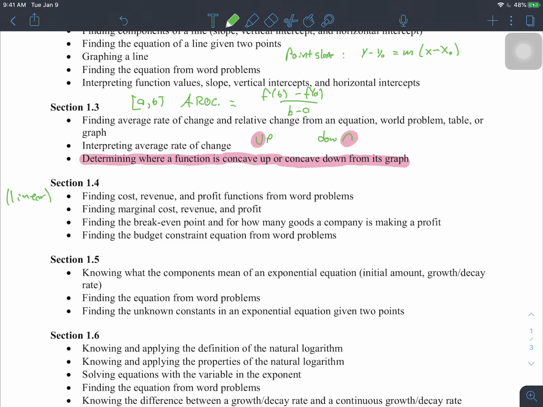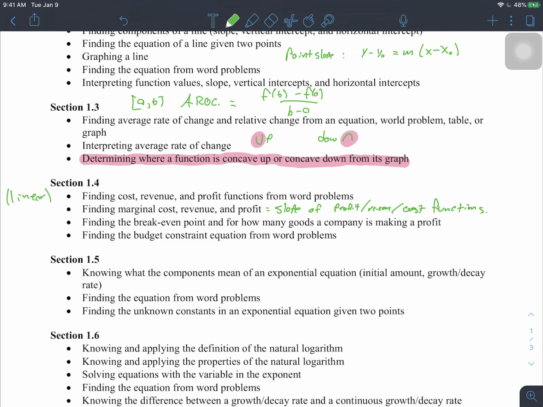We needed to know how to find the marginal revenue, cost, profit, etc. It was just equal to the slope of the profit, revenue, cost functions. So the marginal cost, marginal revenue, and marginal profit was really just a number as long as the cost, revenue, and profit functions are lines, because the slope of a line is unchanging.